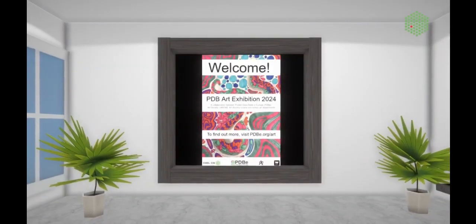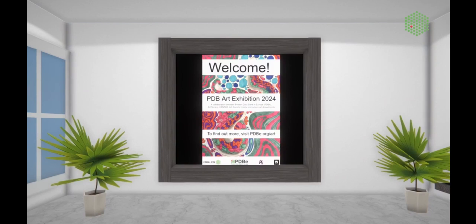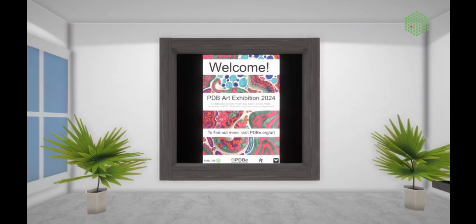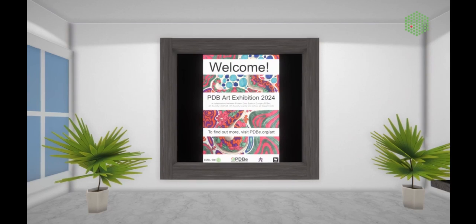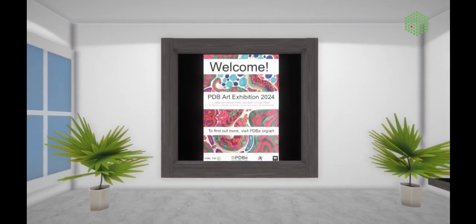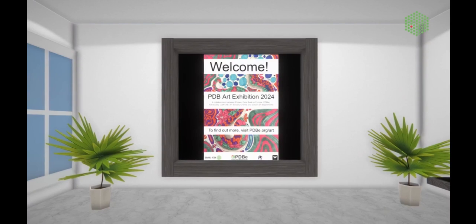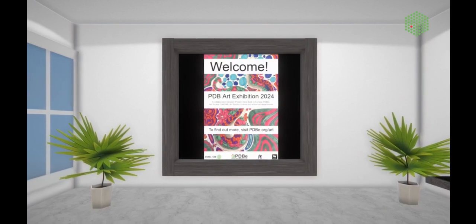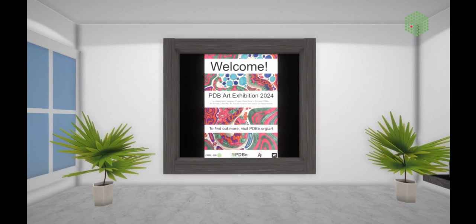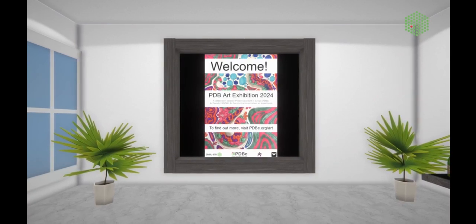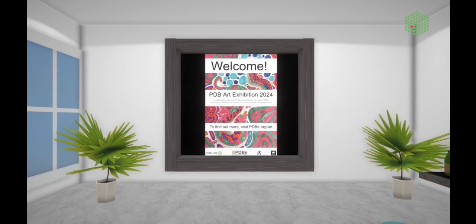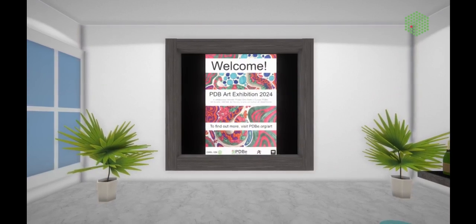Welcome to the PDB Art Exhibition 2024. The PDB Art Project is a global outreach initiative that brings together schools, art societies, and the Protein Data Bank in Europe to spark creativity and curiosity in students aged 11 to 17 years. Through this project, students dive into the fascinating world of 3D molecular structures in the PDB, transforming their discoveries into inspiring works of art as part of their curriculum.